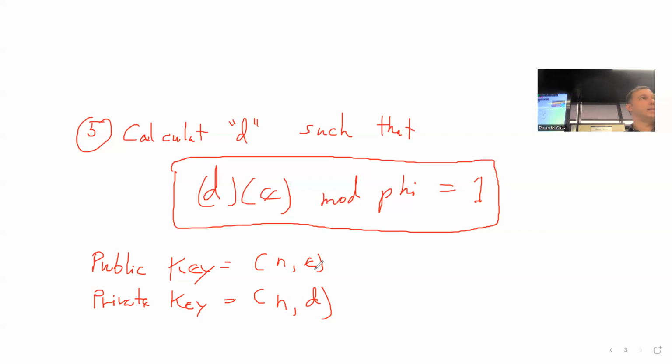But you will also find that E is actually much smaller than D. D is going to be really long, and this is one of the things that we will, especially with OpenSSL, play with to get a feel for how long they are. And that's basically how you generate the public and the private key. That's the math behind it, basically.